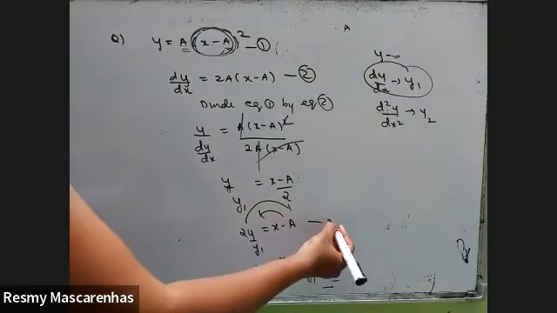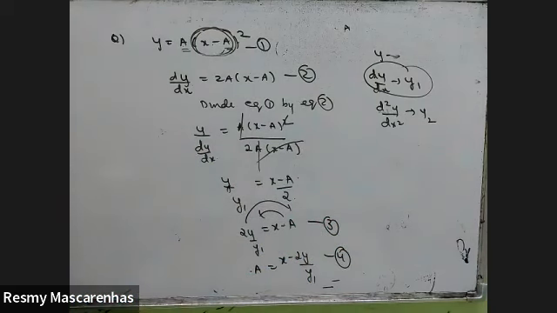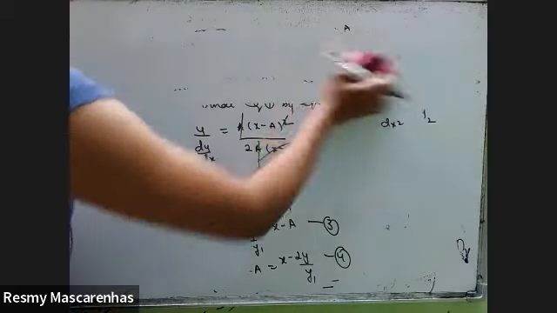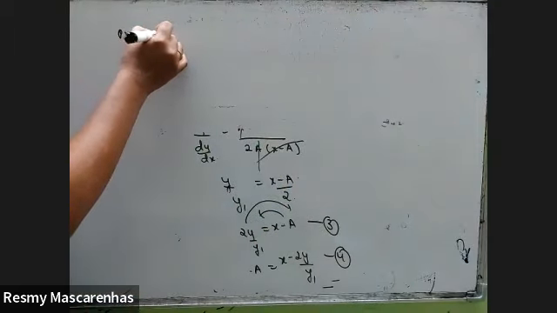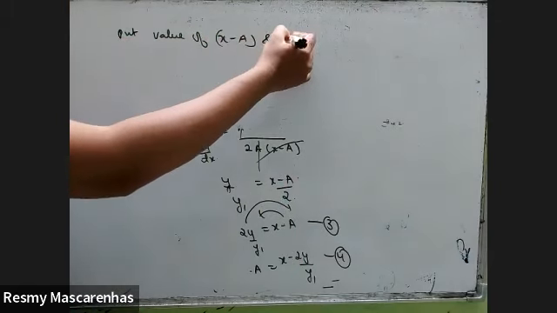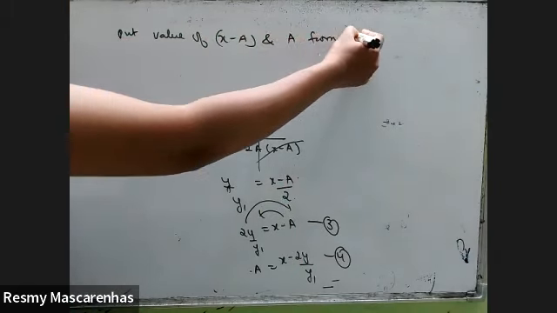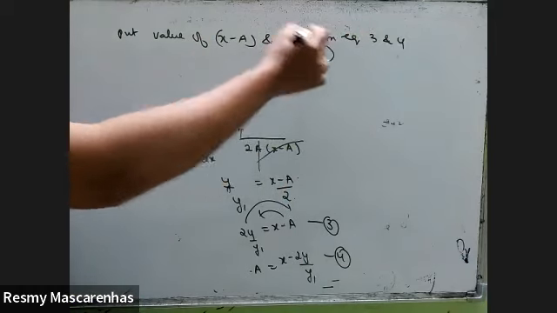Mark this as equation 3, this as 4. Now you can put the value of x minus a and a from equations 3 and 4 in equation 1.